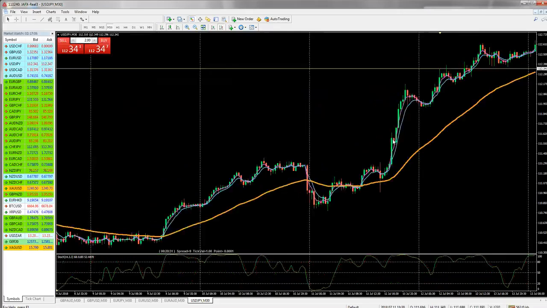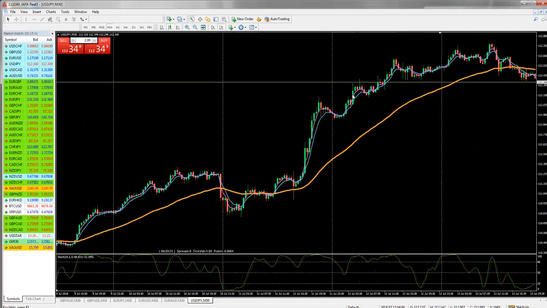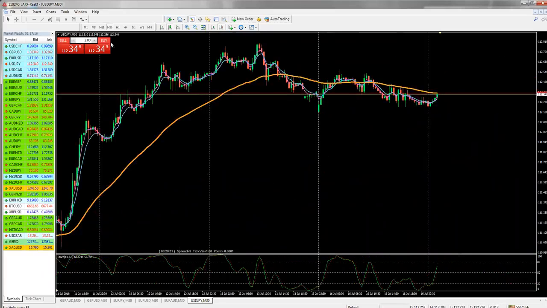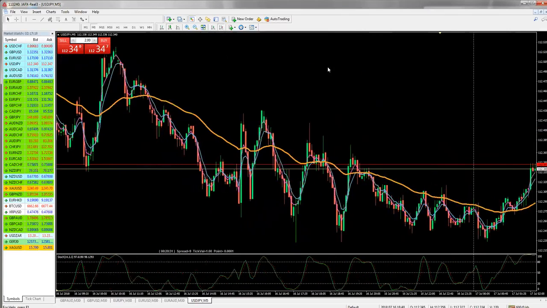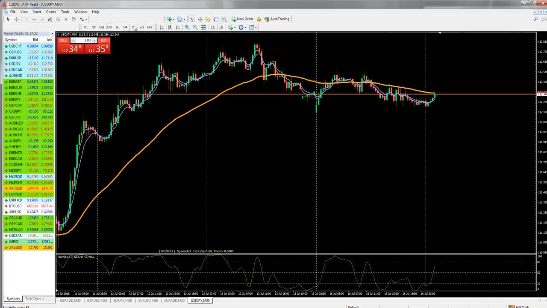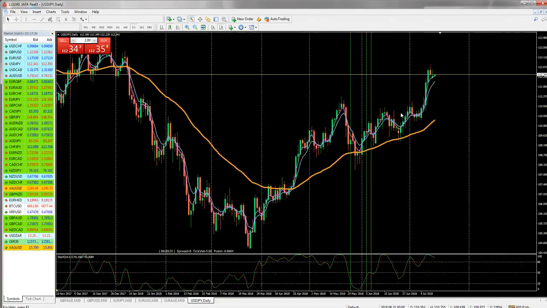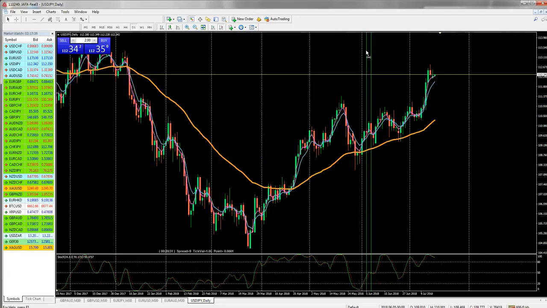Everybody already saw the last video, the super sniper strategy, which from the 5 minute to the 30 minute all the way to the daily can be utilized perfectly. I'm going to get into the settings, so I'll go over the settings of the indicators needed one more time.